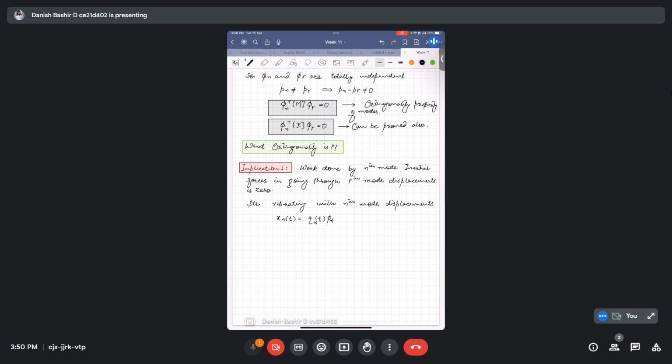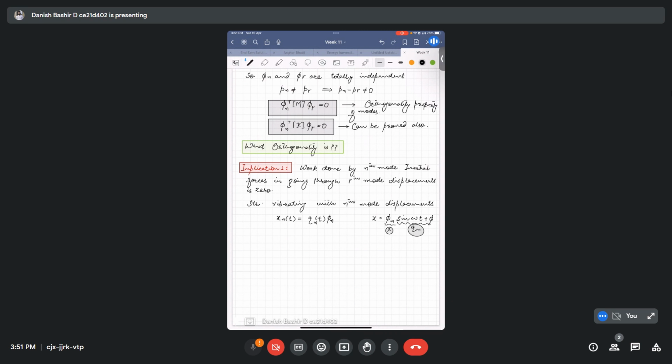I have just written that x is equal to phi n sine omega t plus some phase angle phi. So this is the displacement vector x and this is its time variation, which I am writing as qn. It's the time variation in the nth mode. This is a simple thing, and I'm just replacing x here with qn of t phi of n.